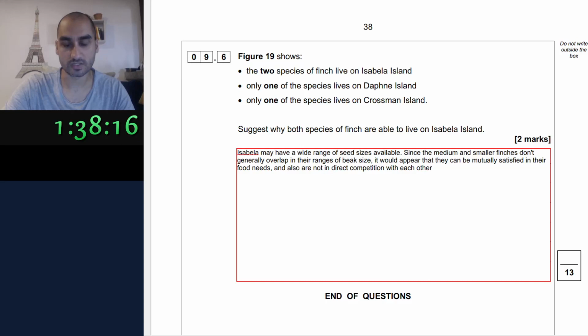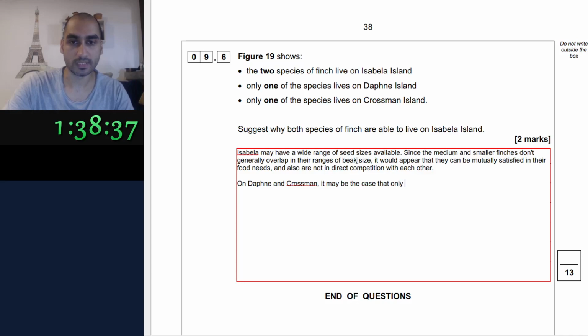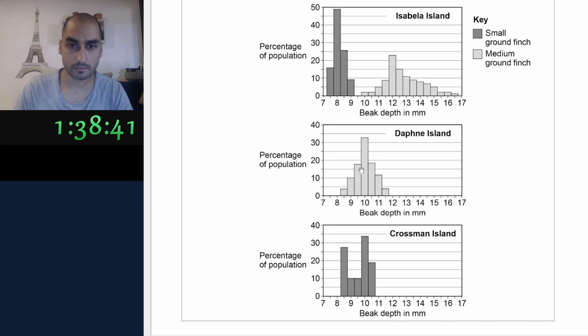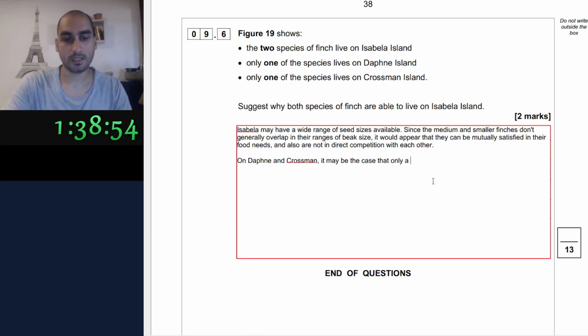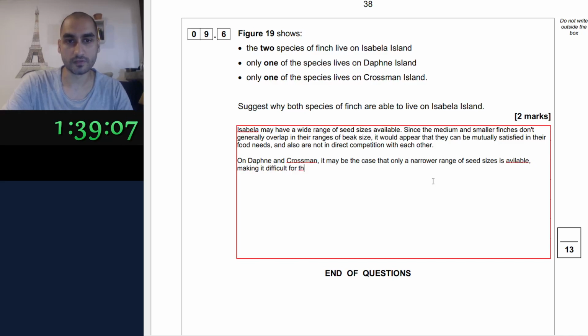Even if they were in competition, they could still coexist. On Daphne and Crossman, it may be the case that only a narrow range of seed sizes is available, making it difficult for the two species to compete and coexist. Is this what they mean?